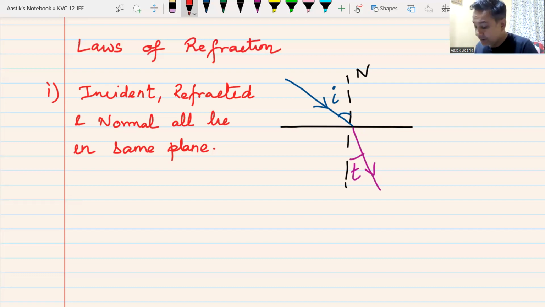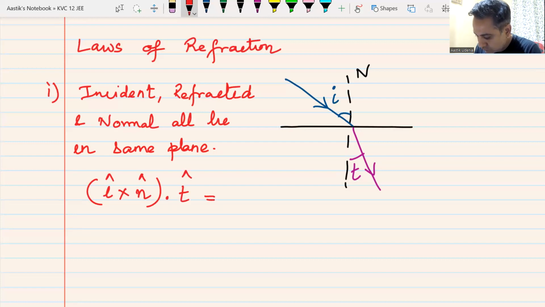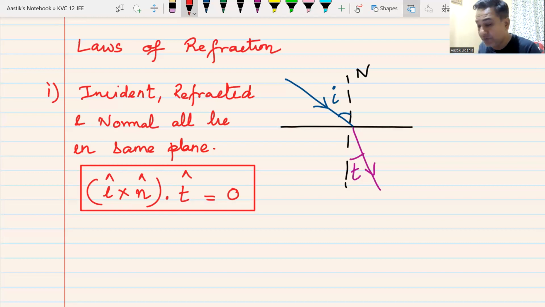What I'm going to write here is this. I've done this. I've written what I was supposed to write. Now I'd ask you to explain what I've written, and I hope all of you know this. Yes or no?